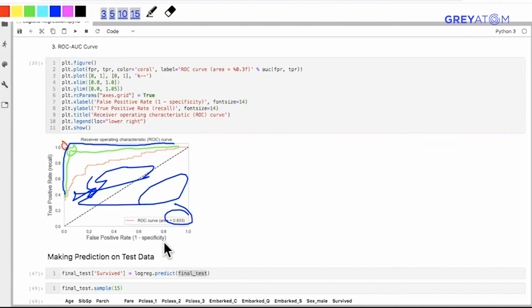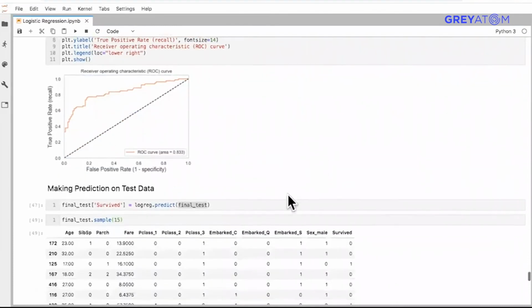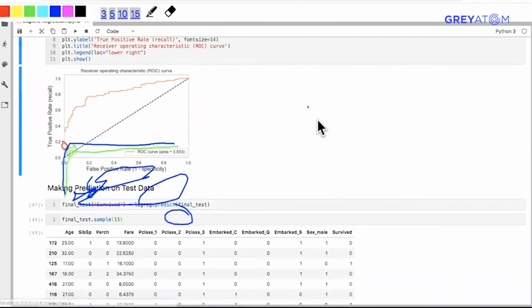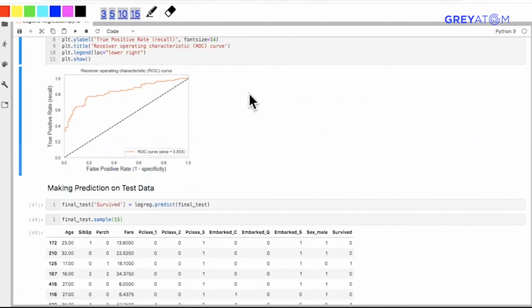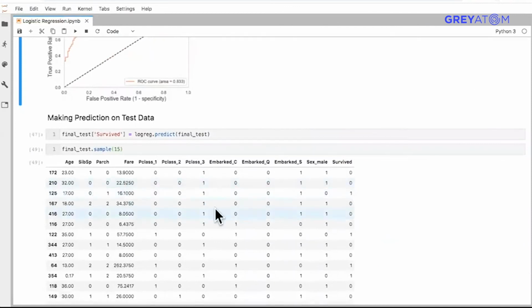And to make final predictions, on our test data set, we just do a logreg.predict, just like the earlier thing when we were predicting on our test set. And this is the final test set. We are just going to do predict, and this is going to give us the labels, 1 or 0, in the end. So this is my final test sample data, how it finally looks. Let me show you one more time. So we had all this data and we actually have now Survived.